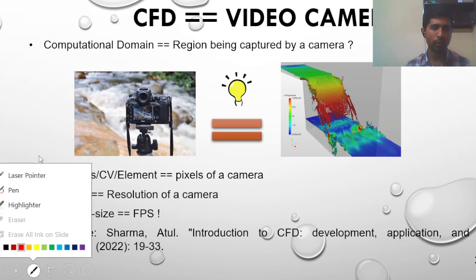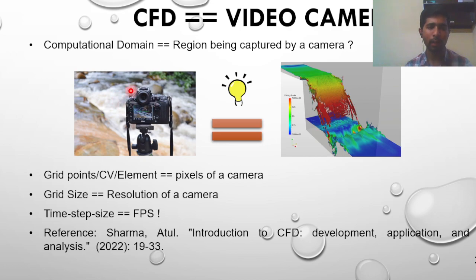You can only capture a particular region in a video camera; you cannot capture everything in one particular frame. So that is your computational domain, the region being captured by a camera, as you can see in this figure.